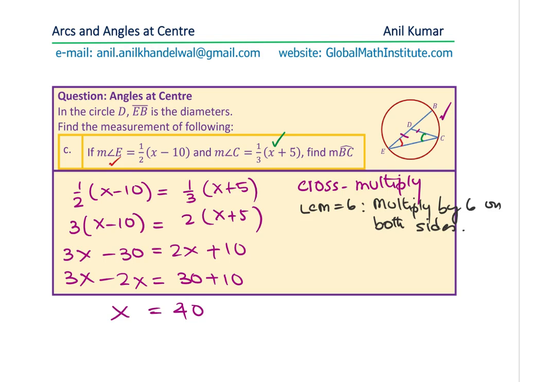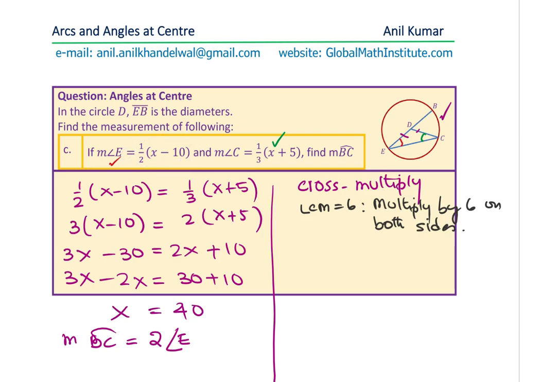We need to find what is BC. Now clearly the arc BC will be equal to twice the angle E, right? So we know the measurement of arc BC is equal to twice the angle E. To find angle E, I will substitute here.